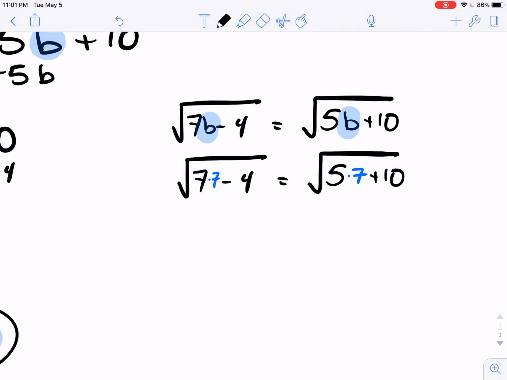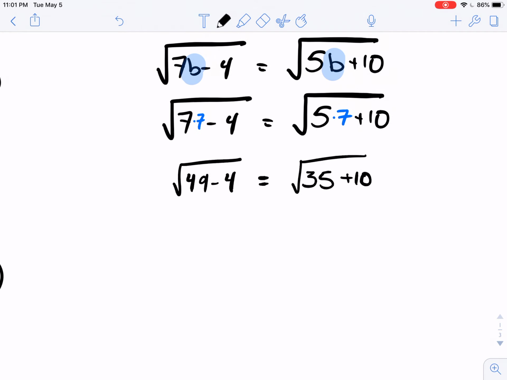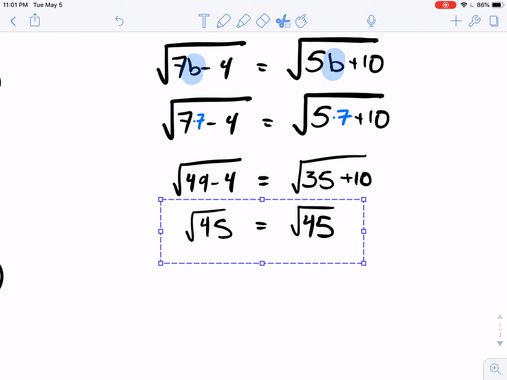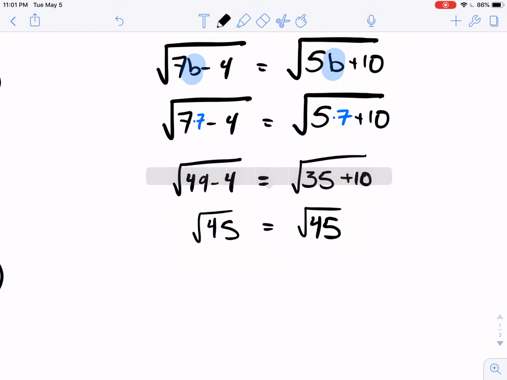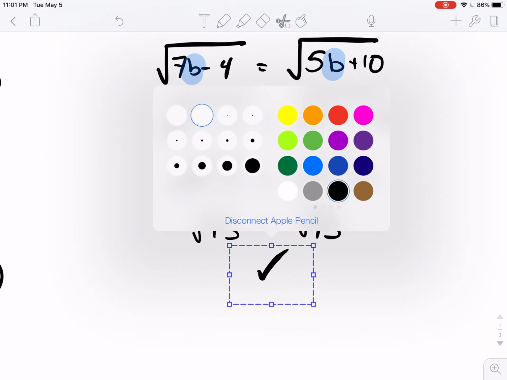Is it true that 7 times 7 is 49, minus 4, and 5 times 7 is 35, plus 10? Well, 49 minus 4 is 45, and 35 plus 10 is 45, and I think that's the same thing. So yes, that is a true statement. Our solution works.